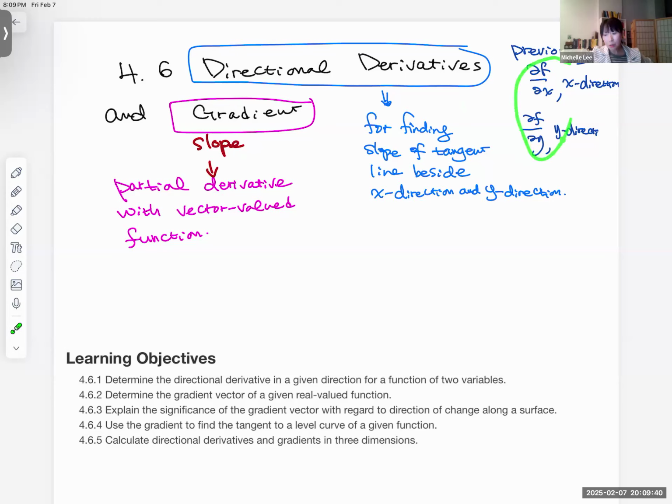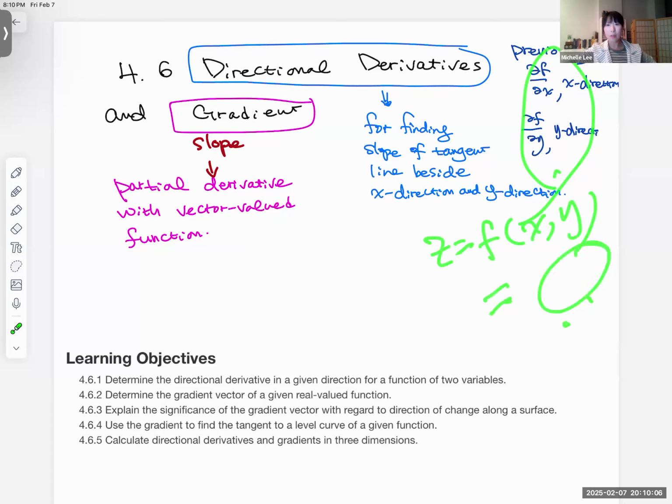So this one, we want to find the slope of the tangent line of the function, right? And this one, the slope of a tangent line of a vector valued function. So vector valued i, j, right? Okay, this is just a function. Equation g equal to f of x, y equal to the function.